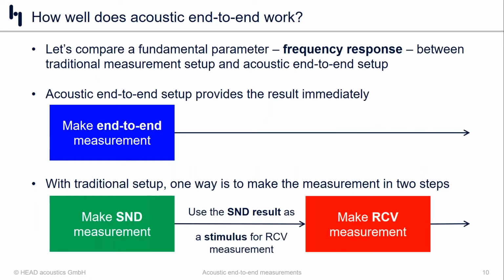Now, let's take a look at how well the acoustic end-to-end setup works. The way that we want to do that is we take a fundamental parameter like frequency response, and we want to measure the frequency response of the system in an end-to-end scenario and in a traditional electric to acoustic scenario. So in the middle, you see a big blue box and it says making an end-to-end measurement.